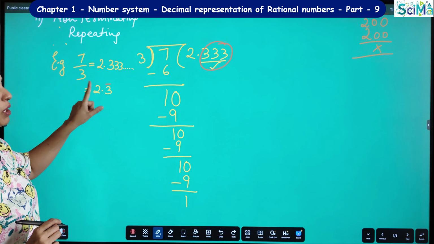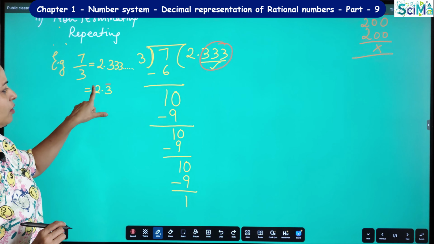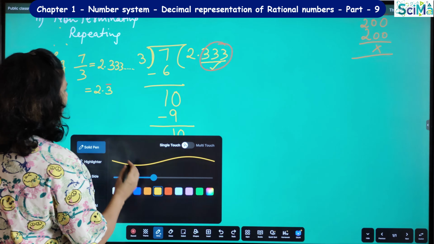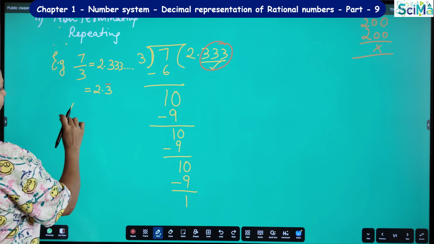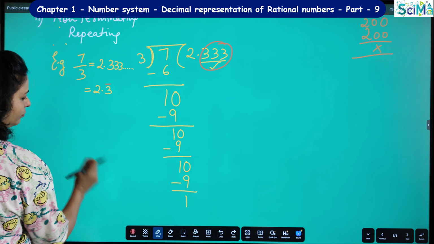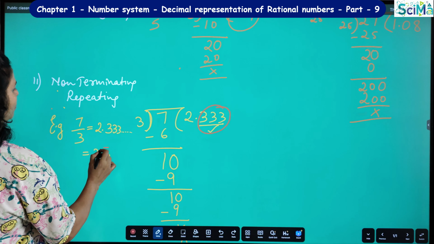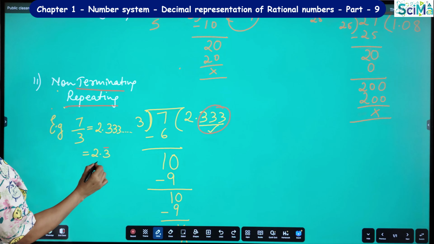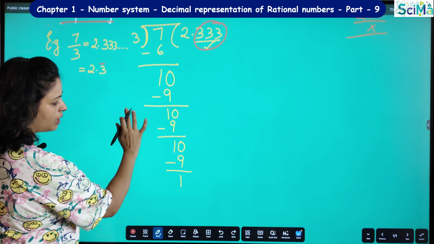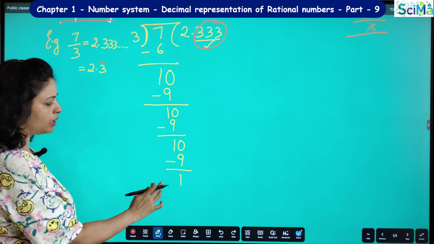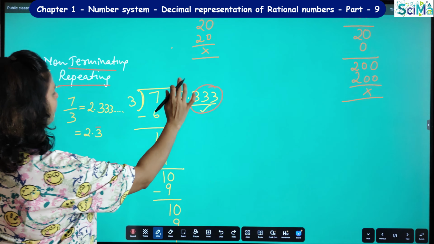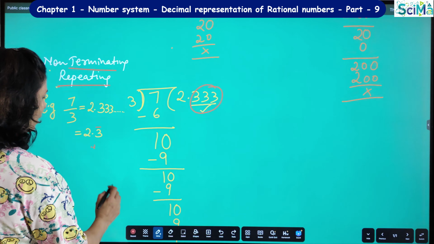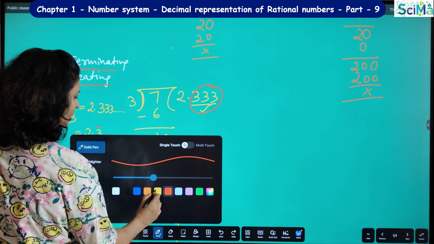The number before the decimal you should not put a bar on, because that is the whole number part. So this is actually non-terminating and repeating, right? It did not get terminated, we are not getting the remainder as 0, and it has a repeating block of a number. So this is one case.